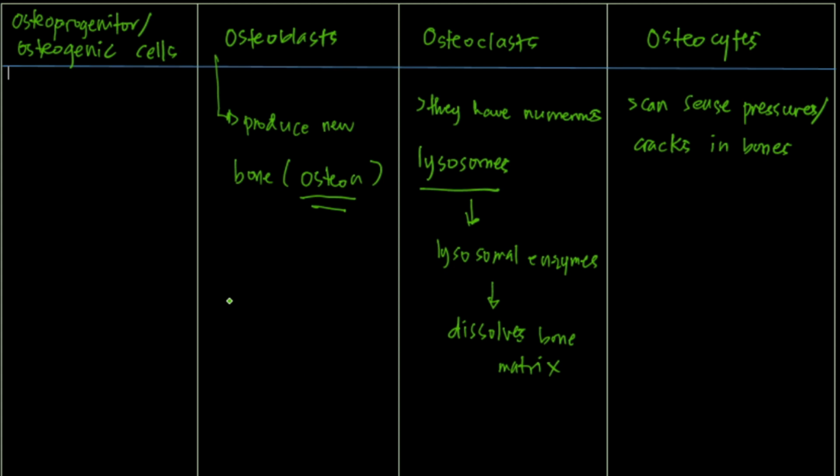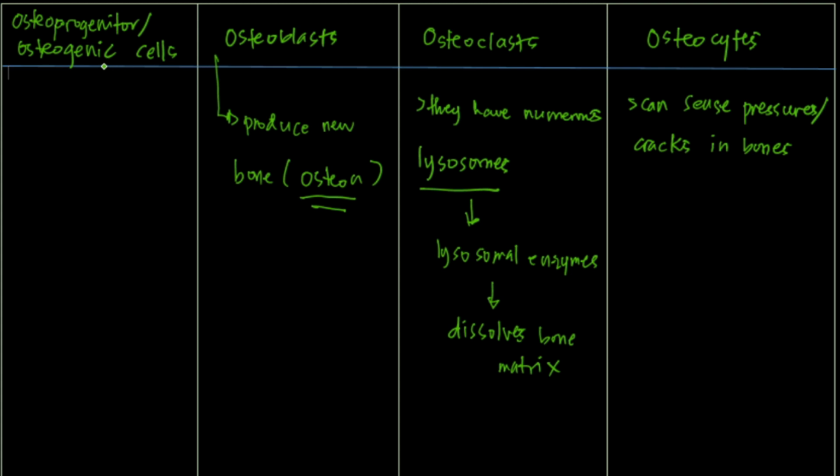Now if the osteoblast, the osteoclast, and the osteocytes do not undergo cell division, such as mitosis, the question there is, how are they replenished when the old ones die? The answer lies with your osteoprogenitor or osteogenic cells.